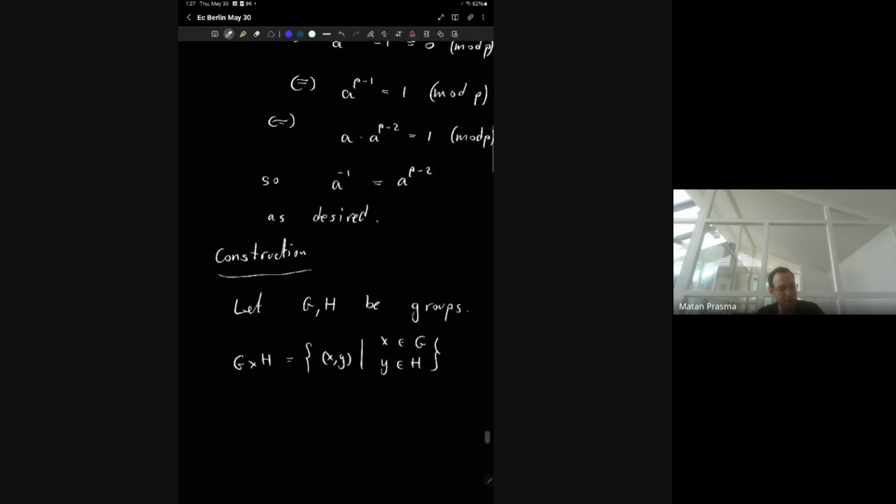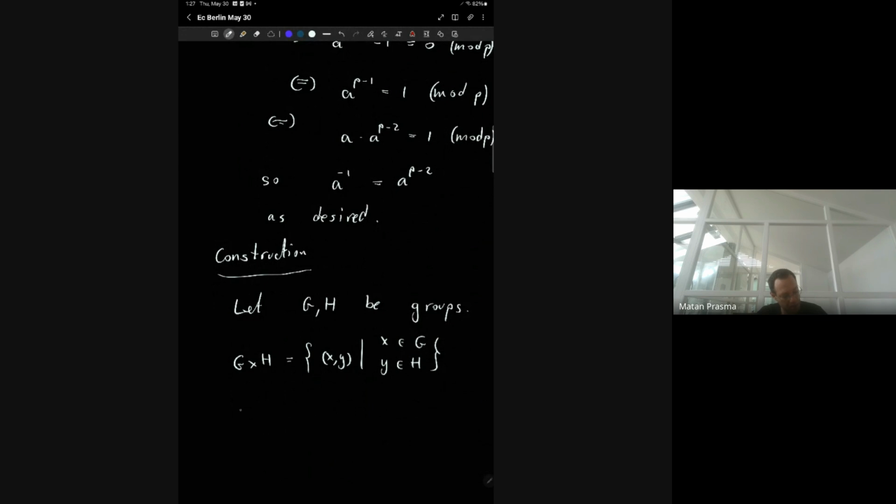The group G times H is, as a set, just the Cartesian product of G and H. This is all (x, y) such that x is in G and y is in H. And I need to tell you what the binary operation is.